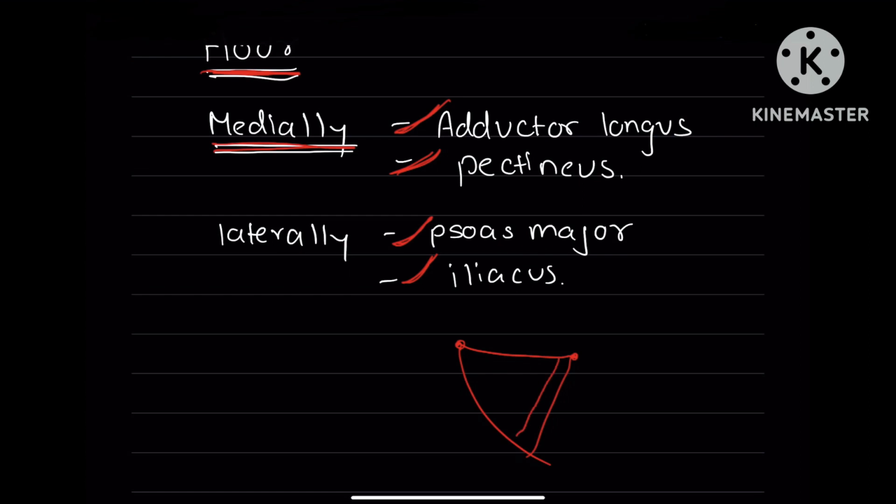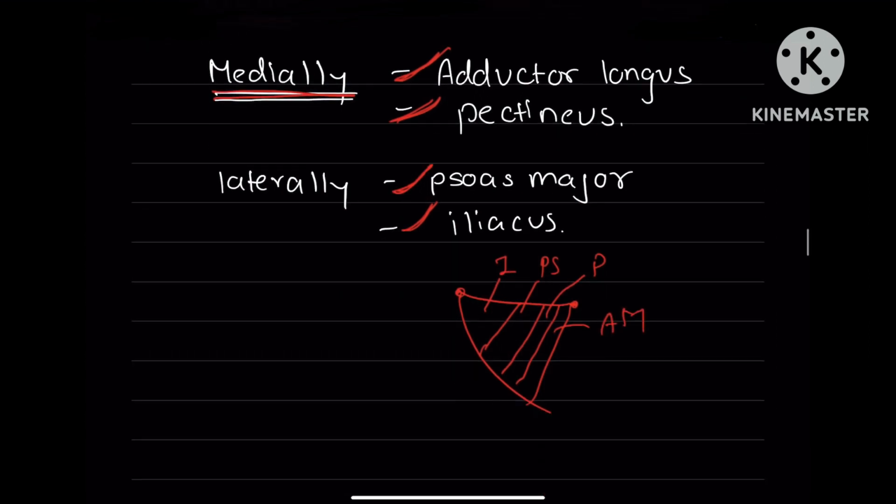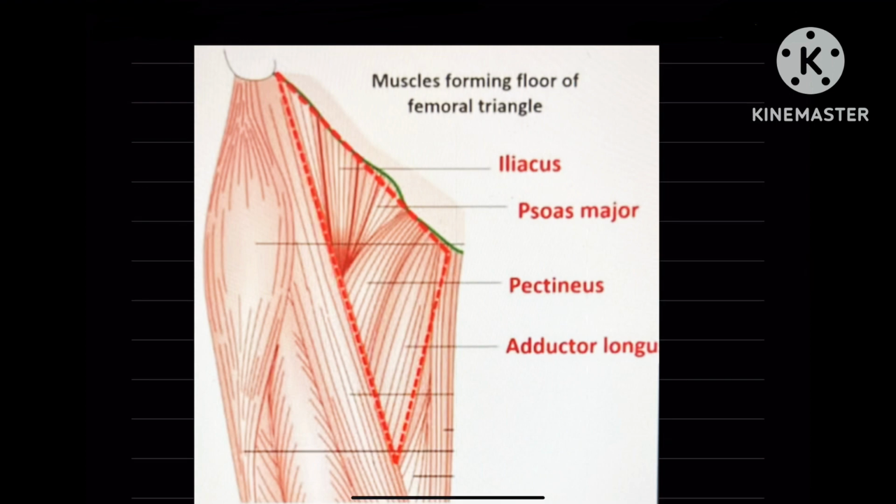This floor is formed by four muscles: iliacus, psoas major, pectineus, and adductor magnus. In the image you can see the floor of the femoral triangle. Laterally it is formed by iliacus and psoas major, while medially by pectineus and adductor longus.